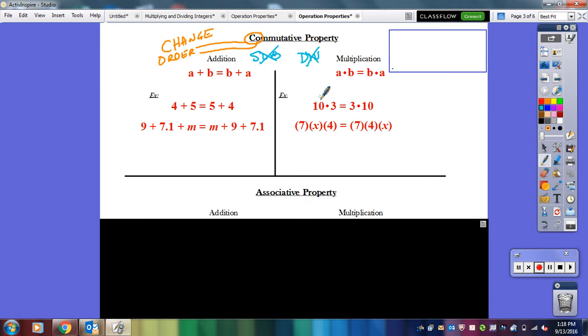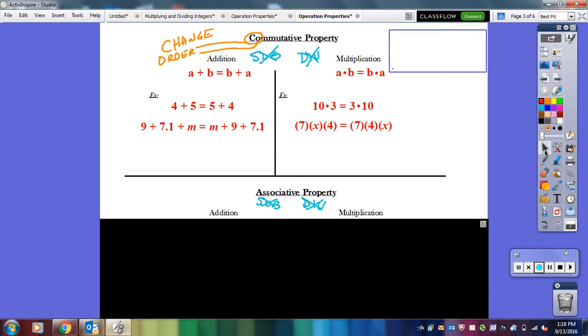Those do not exist. Likewise, there is not an associative property for subtraction and not an associative property for division. It's just for addition and multiplication.